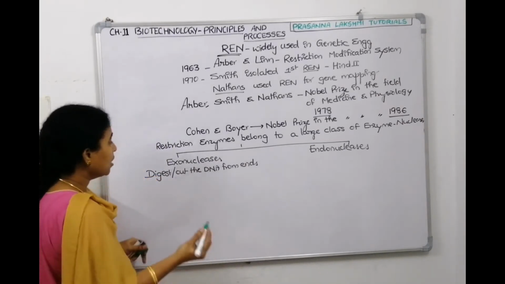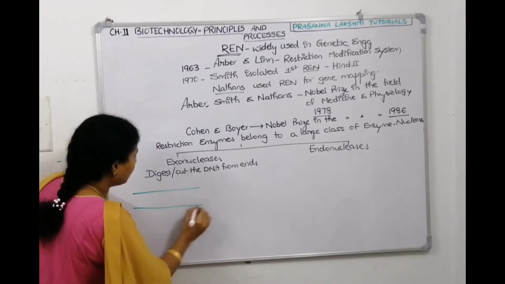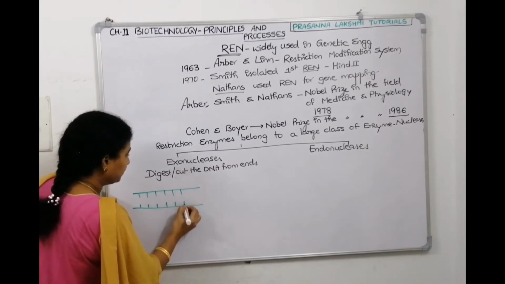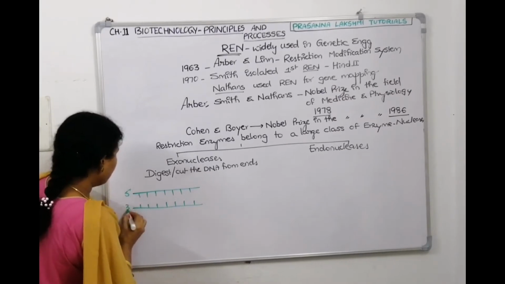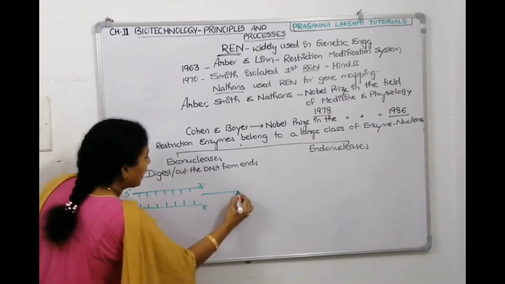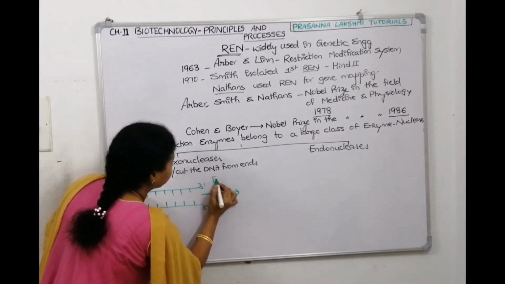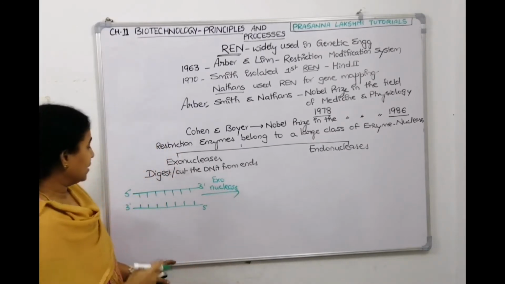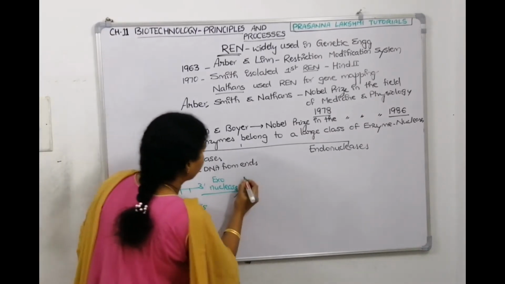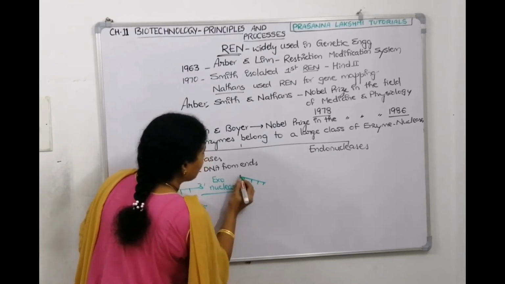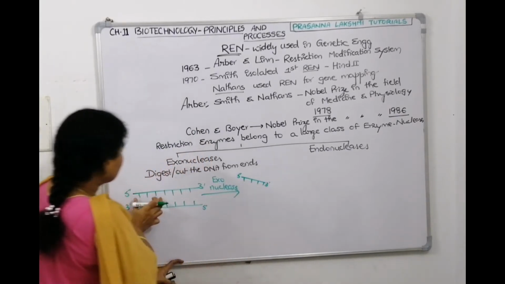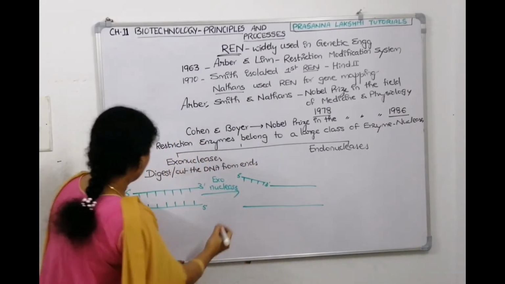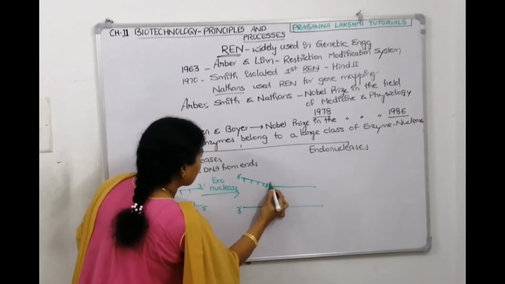If we have to see how an exonuclease acts, let us draw DNA randomly. These are the bases: 5', 3', 3', 5'. If an exonuclease acts, how will it cut the DNA? It will make a cut from the 5' end. If this much DNA has been digested, the remaining DNA will be like this, with a 3' end and a 5' end.